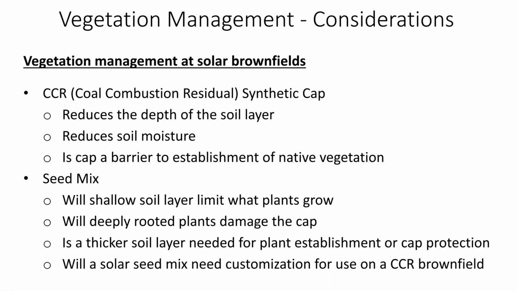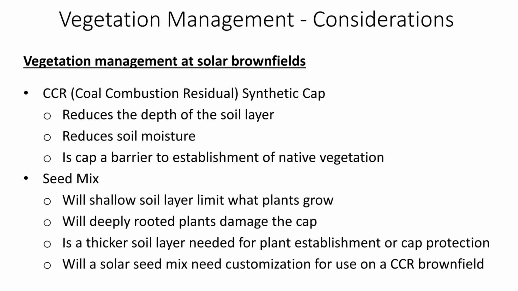I'm back. So those were more general recommendations for a solar site in general, but when we're thinking about vegetation management in a solar brownfield, there may be some additional considerations. So with utilities I work on, a lot of our sites are CCR sites, or old coal ash ponds that have a synthetic cap.